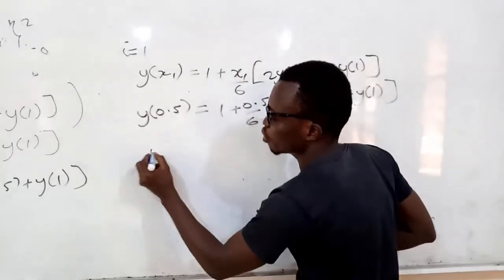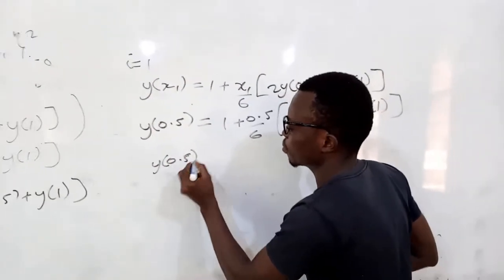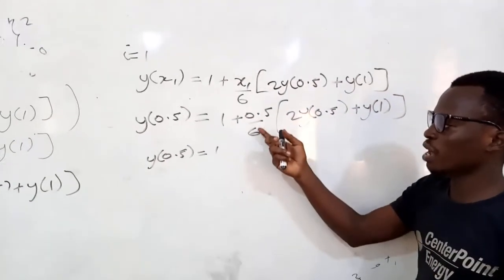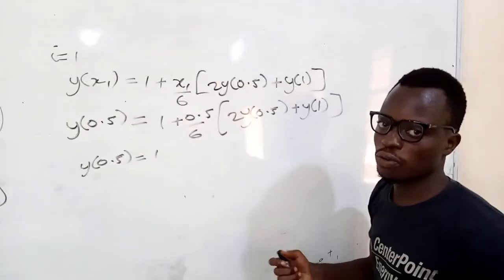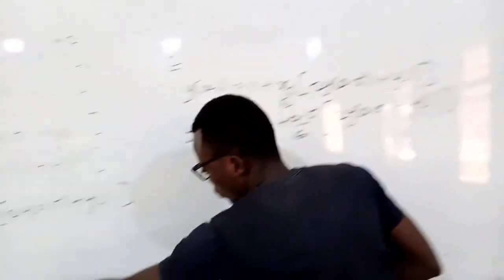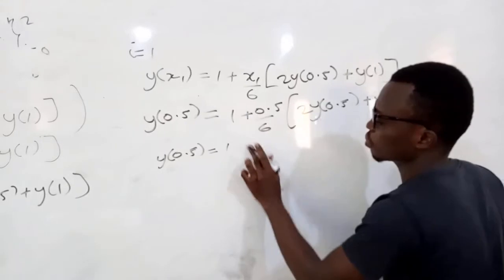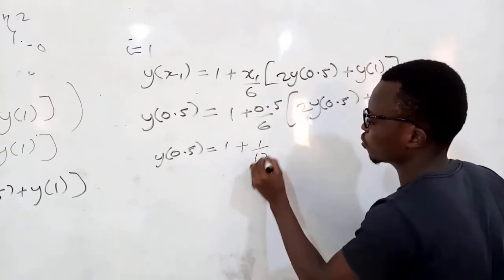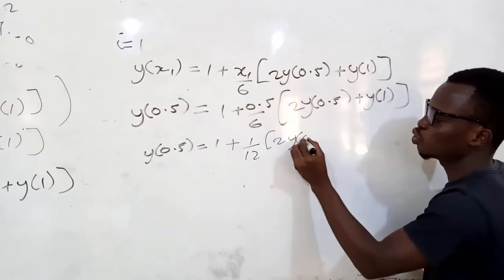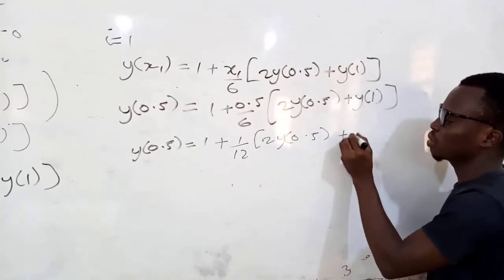I'm going to have y of 0.5 equal to 1, plus 0.5 divided by 6 becomes 1 over 12, bracket 2 of y of 0.5 plus y of 1.